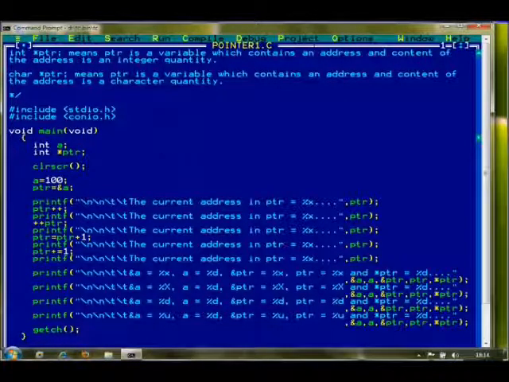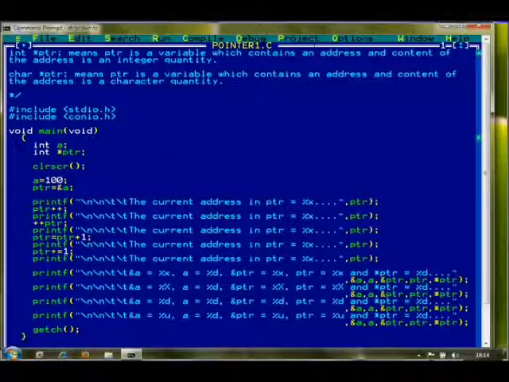If you go into details, suppose I am using stack addressing, then PTR plus plus means: push PTR, increment, pop PTR. In case of PTR is equal to PTR plus 1, it will be compiled this way: push PTR, push 1, add, pop PTR.